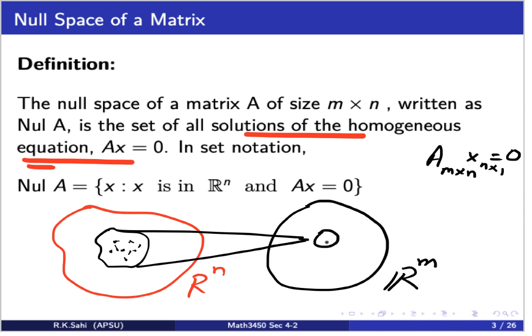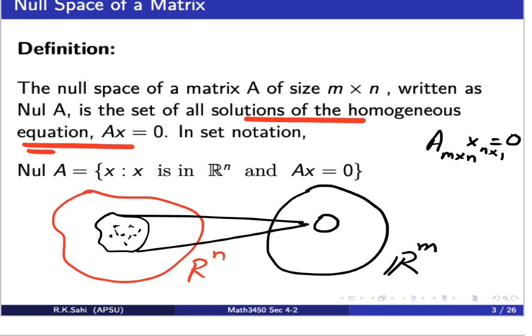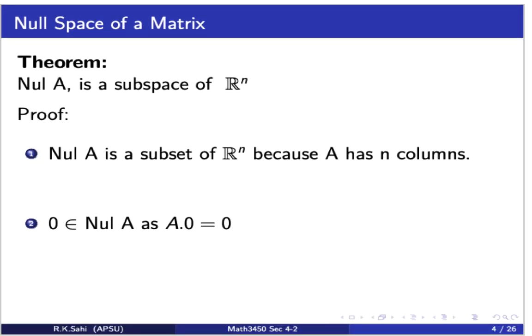And what we are literally looking at is a matrix transformation, because this transformation happens because of this matrix multiplication. Now, let's look at a very important theorem here, and that is: the null space is a subspace of Rn.